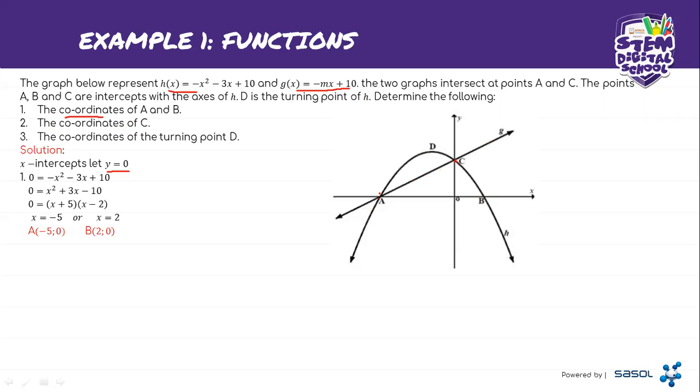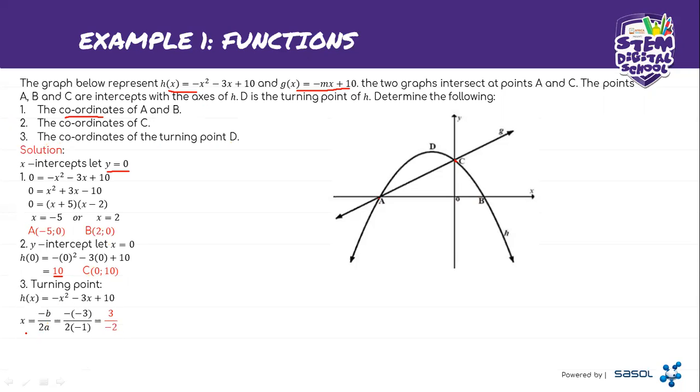So it's very clear that we're going to use the parabola graph, and if you need the y-intercept, you let x be 0, then you put 0 where you see x, and the answer is going to be 10. But remember, we need coordinates. The coordinate is 0 comma 10. The third question is the coordinate of the turning point. Now, let's see how we calculate the turning point.